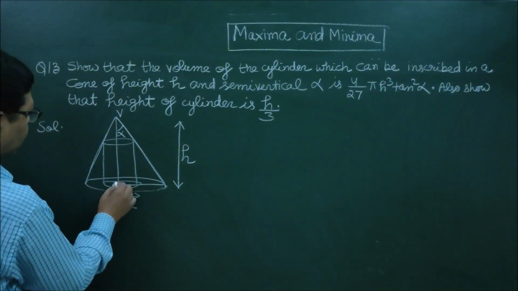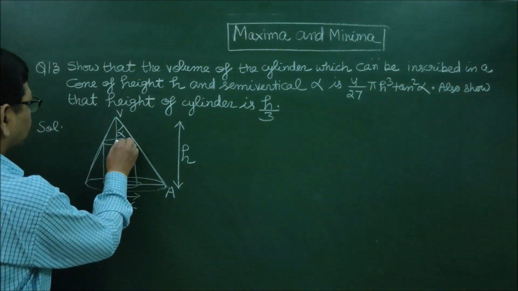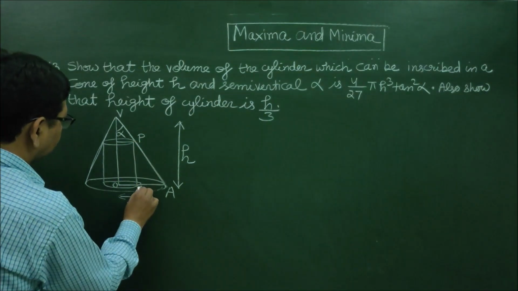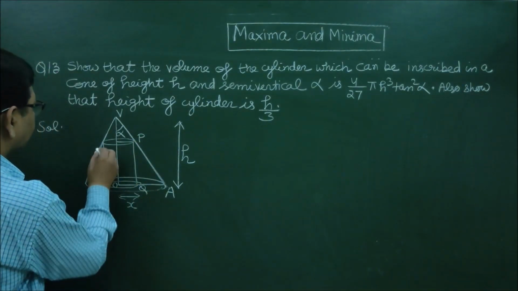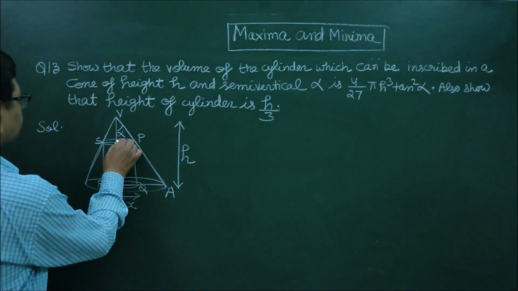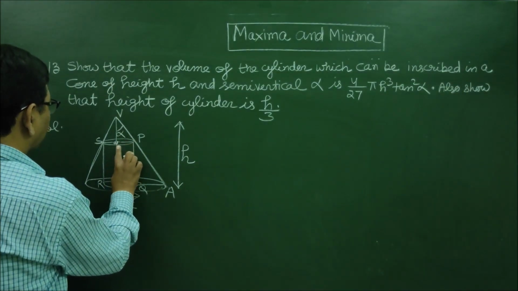V is the vertex, O is the center, A, and let these points be P, Q, R and S. The center of the upper face is O dash.